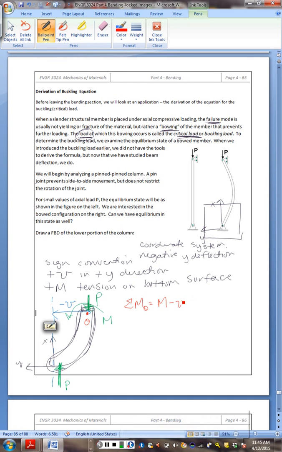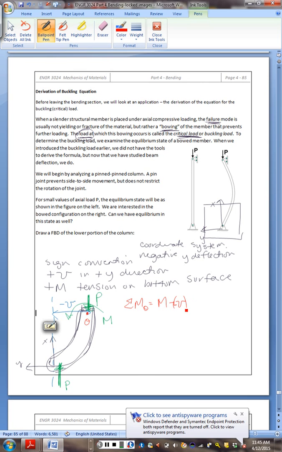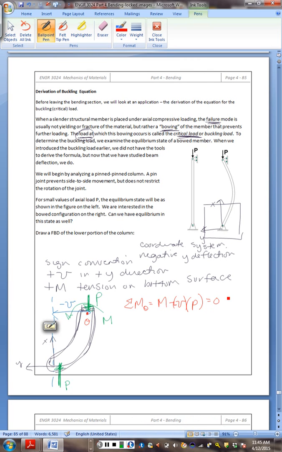That separation distance is a minus V times P, and we know that that has to sum to 0, or the M plus the deflection times the reaction equals 0.